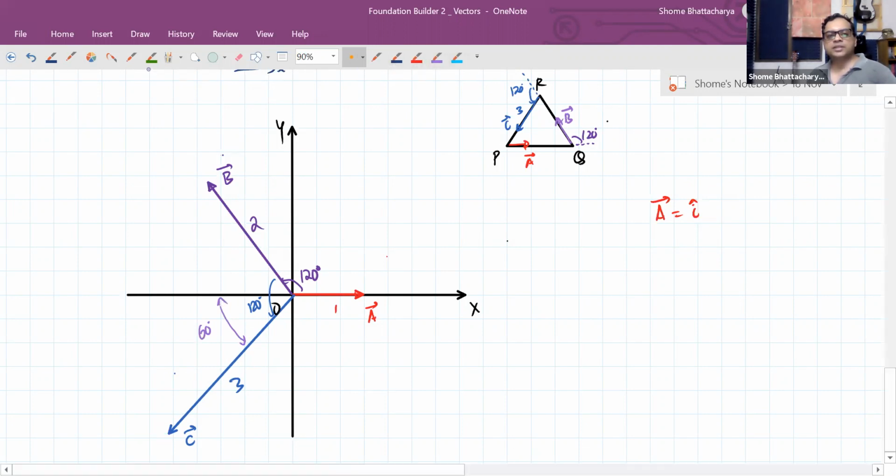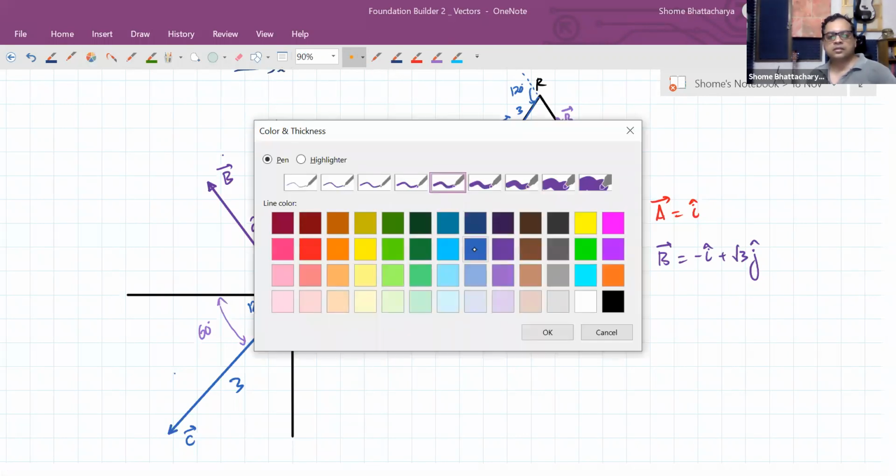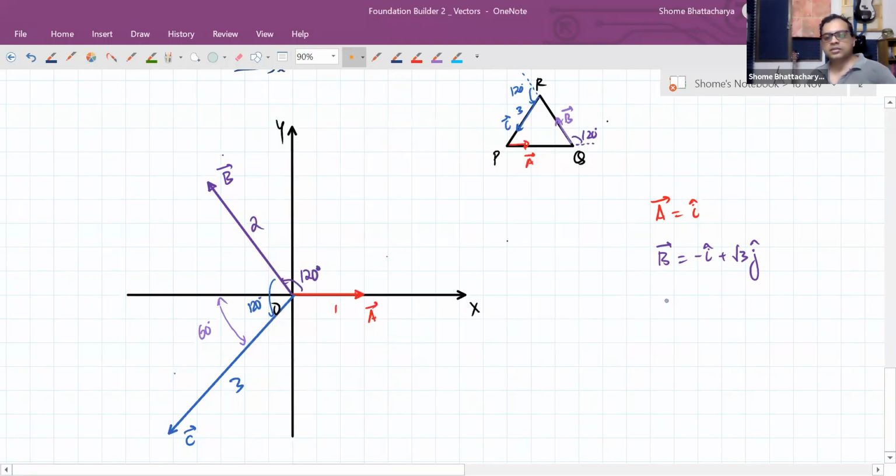So that way we can express the vectors b and c easily now. So the vector b, you can see, is minus I cap plus root 3 j cap. Okay. And the vector c, the same thing, will become minus 3 by 2 I cap minus 3 root 3 by 2 j cap.